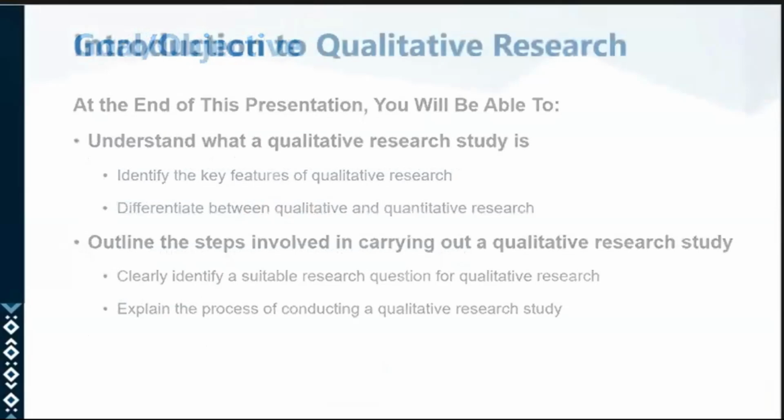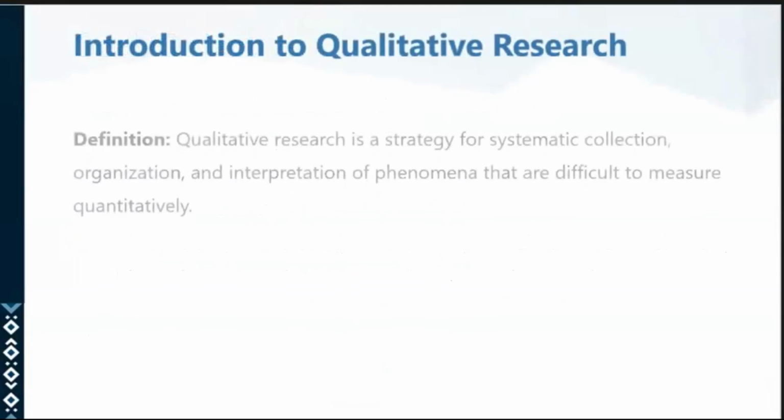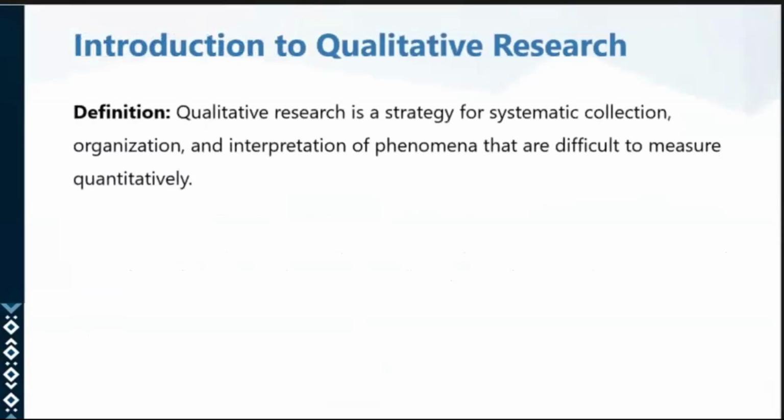Before we go ahead with the steps in qualitative research, we need to talk a little bit about what qualitative research is. Qualitative research is defined as a research technique that is used to gain an in-depth understanding of a particular topic. It is a strategy that systematically collects, organizes, and interprets phenomena that are difficult to measure quantitatively.